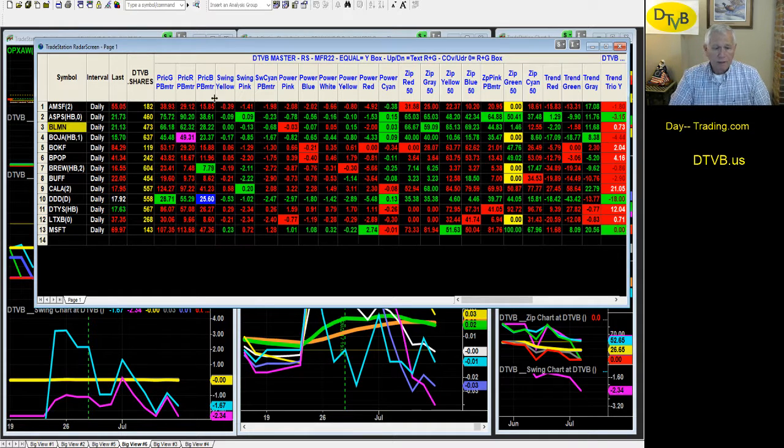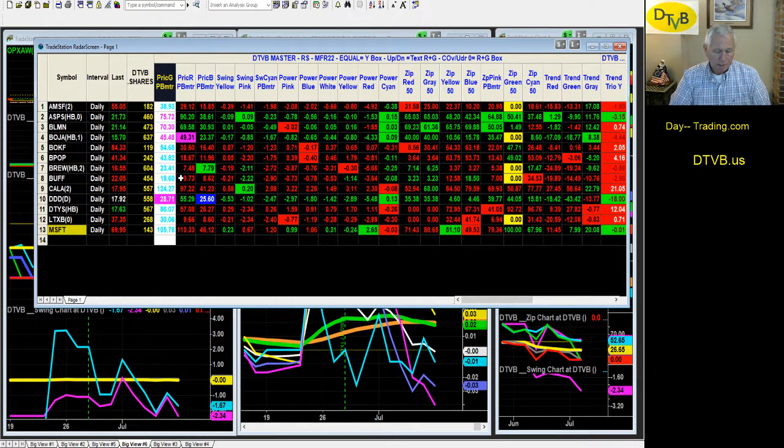Now, in the green column here, when you have a green box, the green box is price up, and when you have a blue box, the blue box means that it goes down. Now, what I want to say is when price green crosses over price red.